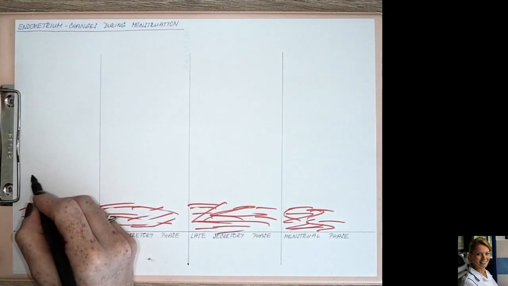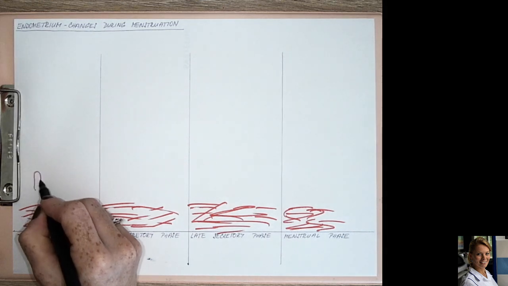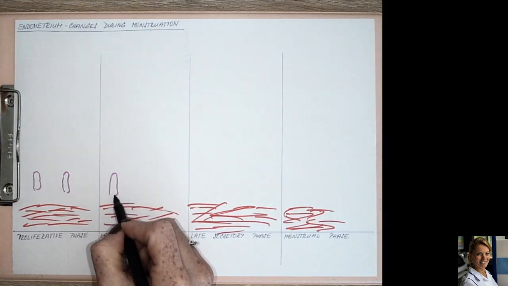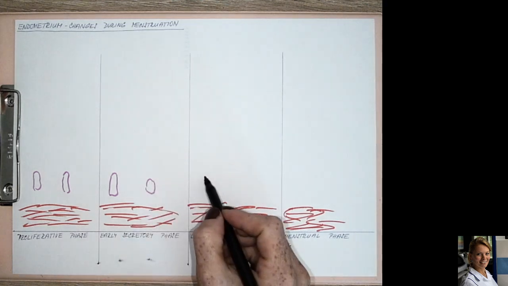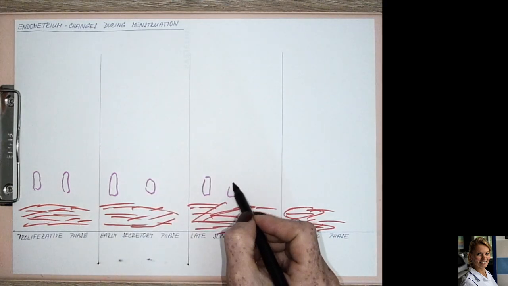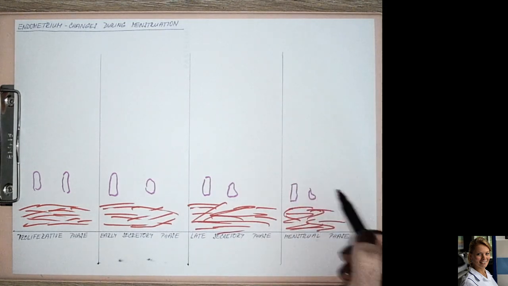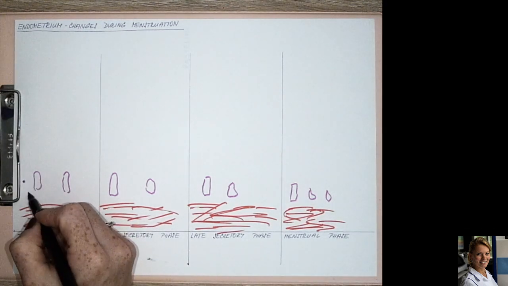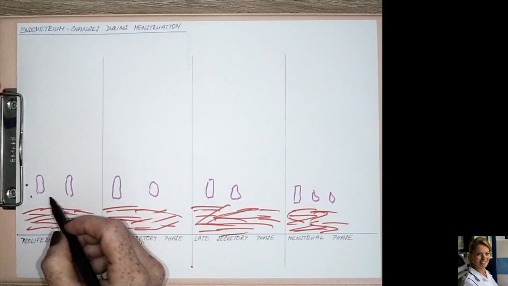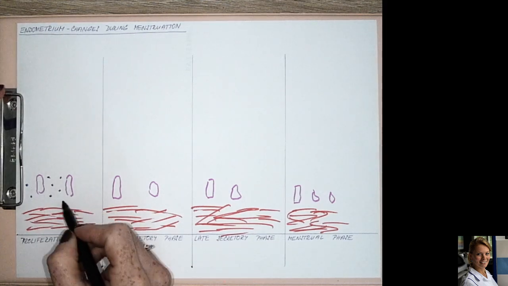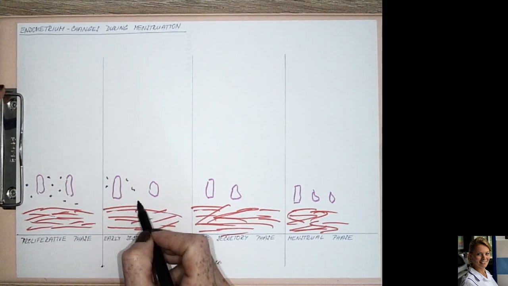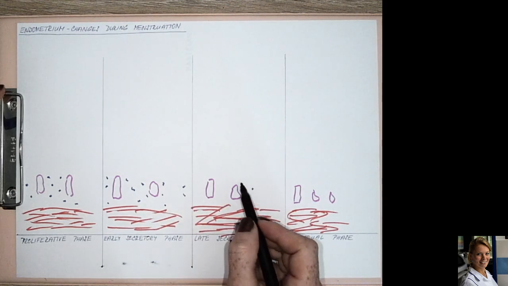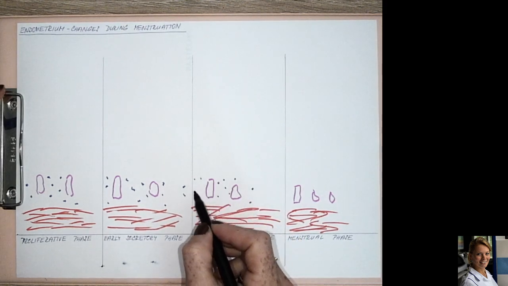There are endometrial glands. This is a cross section through the endometrial gland, and highly cellular stroma, and with straight branches of blood vessels.